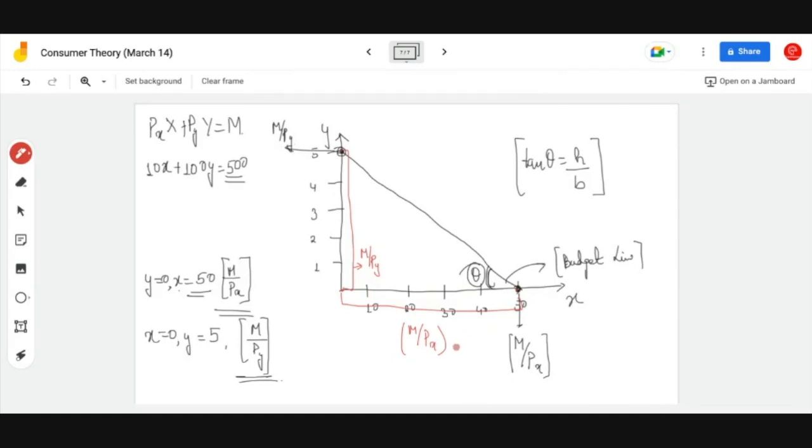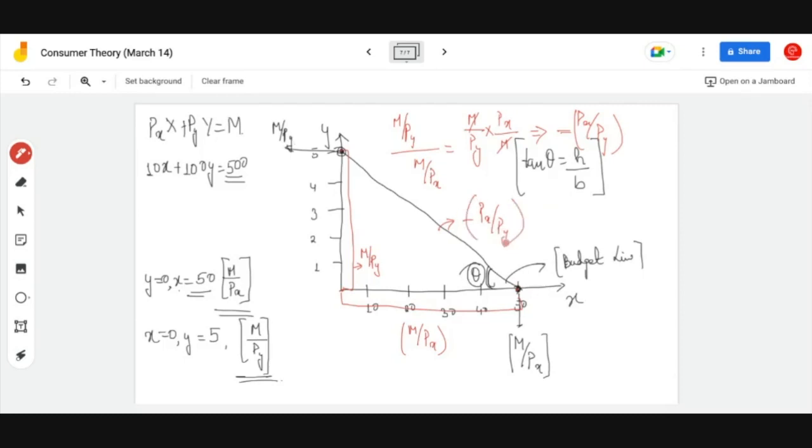So height upon base is M upon Py divided by M upon Px. This gives M by Py into Px upon M. So M cancels, giving Px upon Py, and this is negative. So what is the slope of this budget line? Minus Px upon Py.